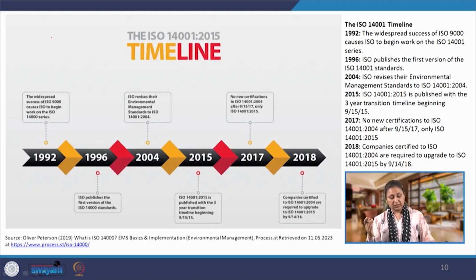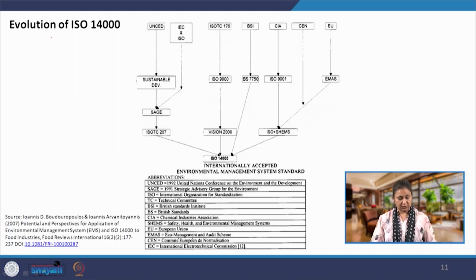And then there are no new certifications, but just a few additions. And finally, in 2018, companies certified to ISO 14001 are required to upgrade to the 14001:2015 version. So, there is no new addition, but the upgraded versions are available. This is from 1992 to 2018, and then we also have 14064 coming up.